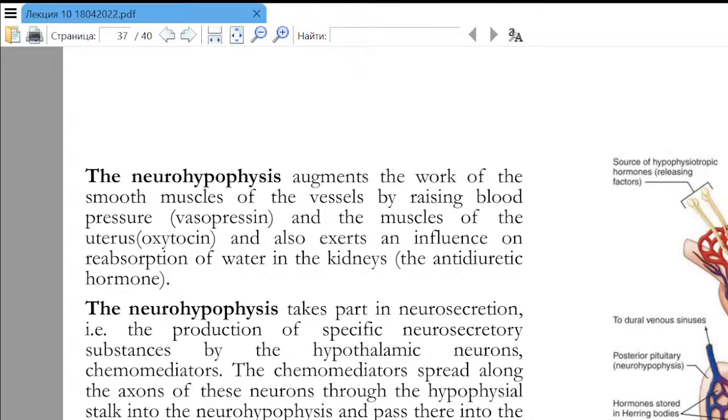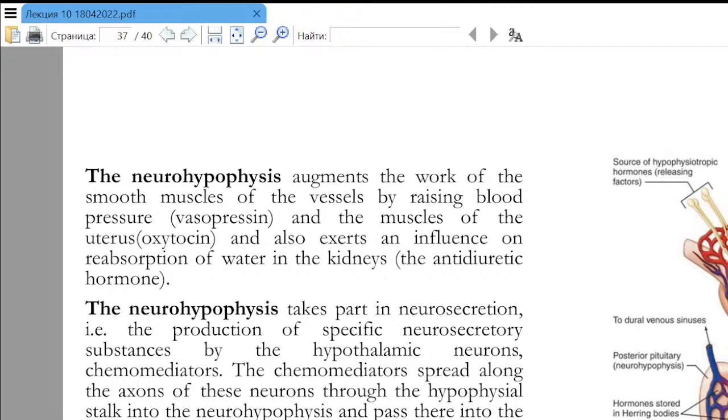The hemomediator spreads along the axons of these neurons through the hypophyseal stalk into the neurohypophysis and passes there into the vessels through the vasoneural synapses.